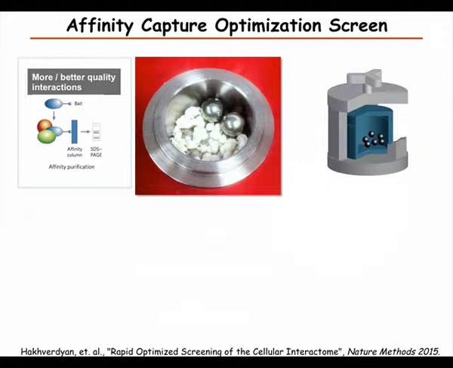Before doing the affinity purification, one has the frozen cells, and one uses this grinder which mechanically breaks down the cells into small pieces. Ideally one wants to break them down into pieces of the order of magnitude of the protein complex one studies.